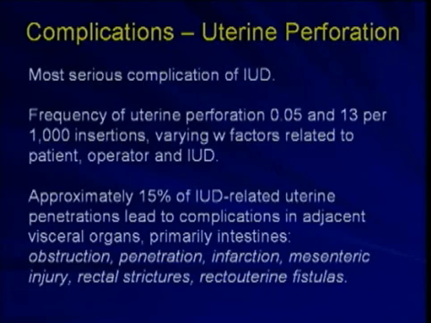It is important to be aware of the fact that approximately 15% of IUD-related uterine penetrations lead to serious complications in adjacent visceral organs, primarily the intestines. So obstruction, penetration, intestinal infarction, mesenteric injury, rectal strictures, and rectouterine fistulas have all been described as complications of uterine penetration by intrauterine devices.